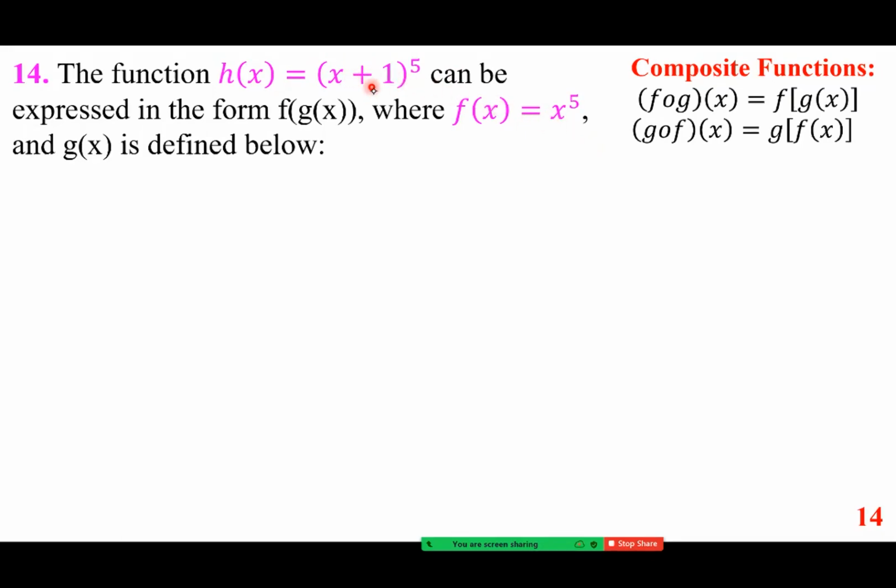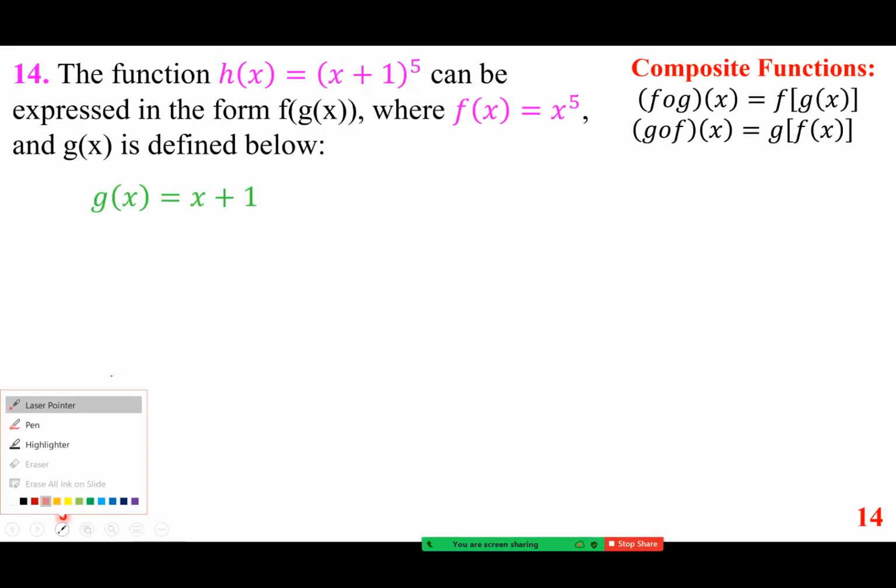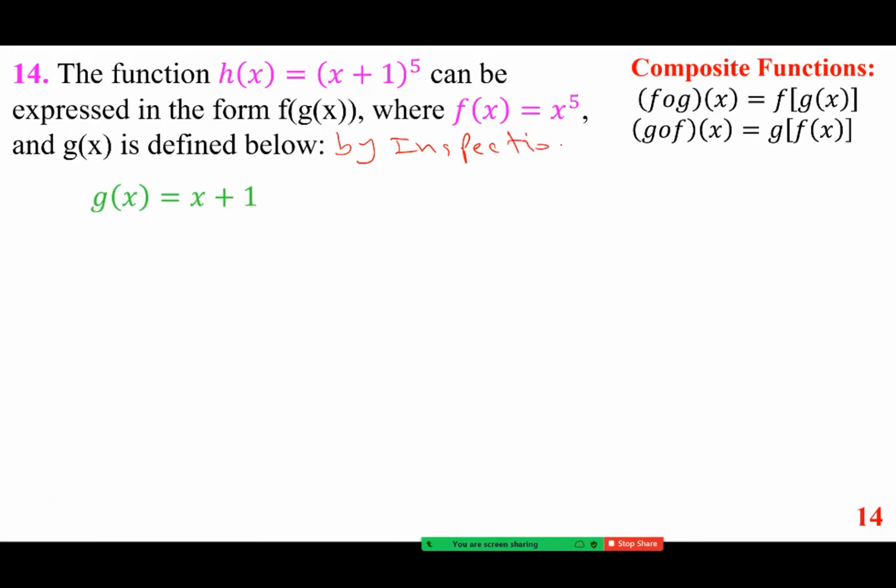Therefore, g must be x plus 1. It's just by inspection. There's no way around. Just check it out. And note that f of g of x is x plus 1 to the power of 5. After you come up with the answer, you want to check it always.